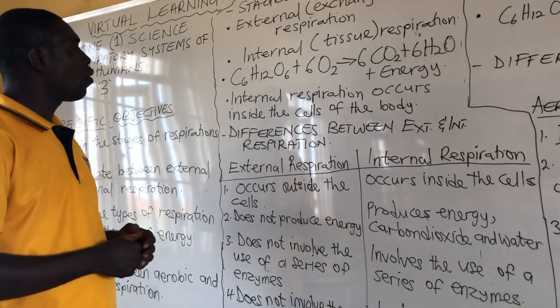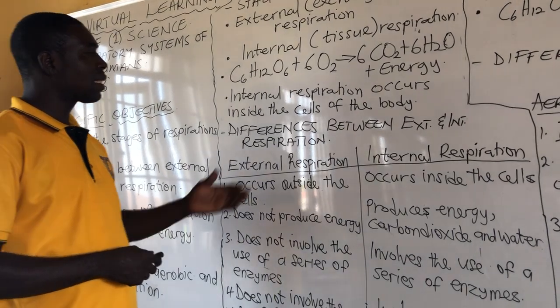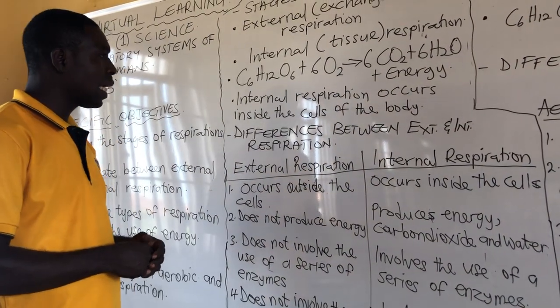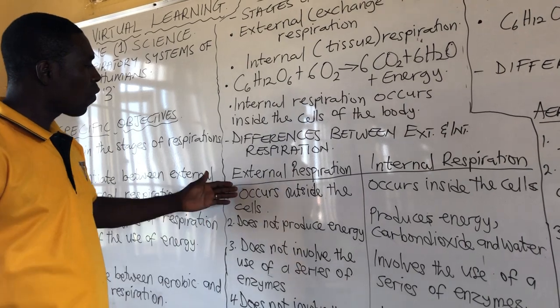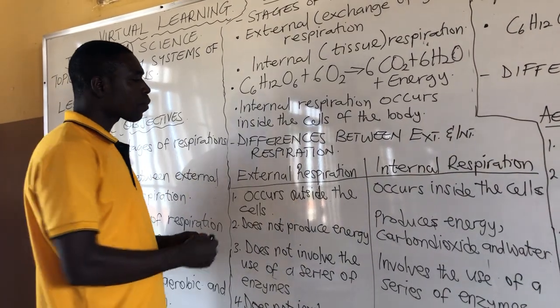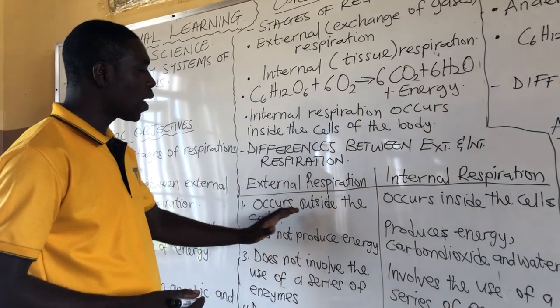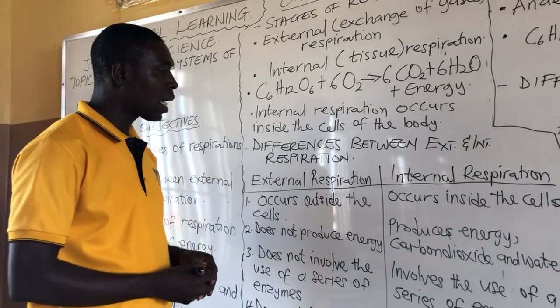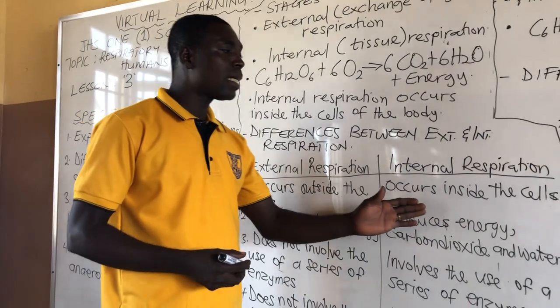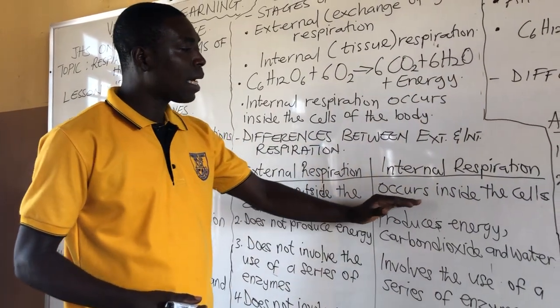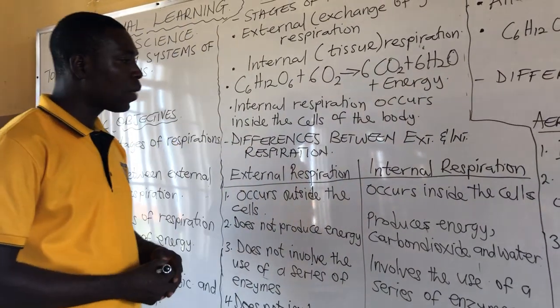Now let's quickly look at the differences between external respiration and internal respiration. For external respiration, as you already know, it takes place outside the cells of the living organisms, whilst that of the internal respiration occurs inside the cells of the organisms.